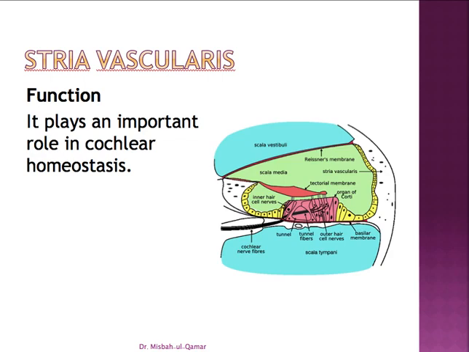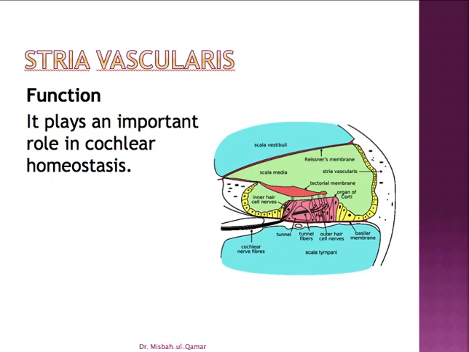So keep in mind that the function of the stria vascularis is to maintain the cochlear homeostasis by generating the endocochlear potential, because for the sake of the endocochlear potential it maintains a unique ion composition of the endolymph which is different from that of the perilymph present in vestibuli and tympani.